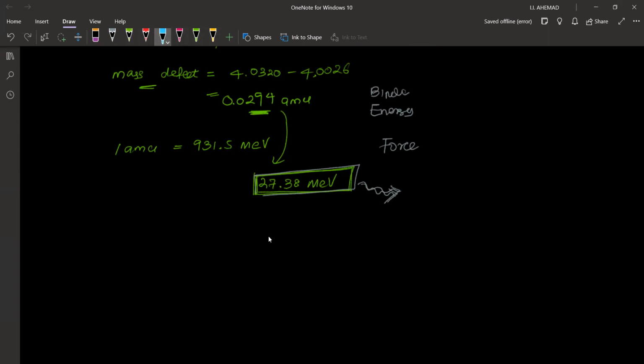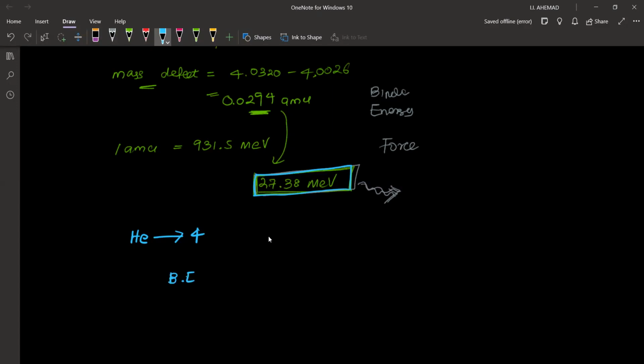And here we have considered helium, right? In helium, how many nucleons do we have? In helium, we have 4 nucleons. Now, what we do is we divide this binding energy by 4.